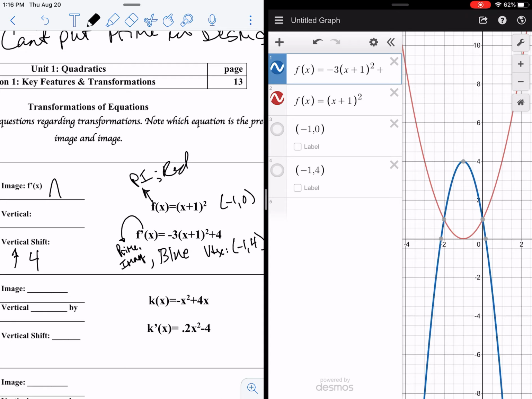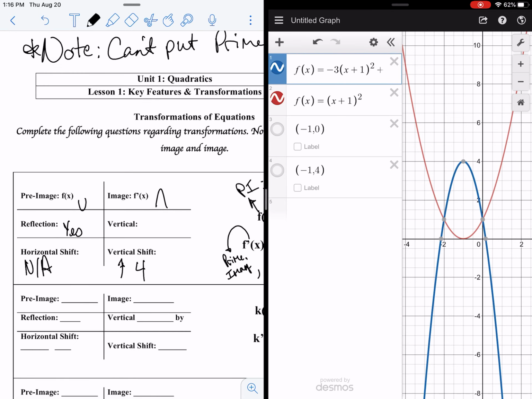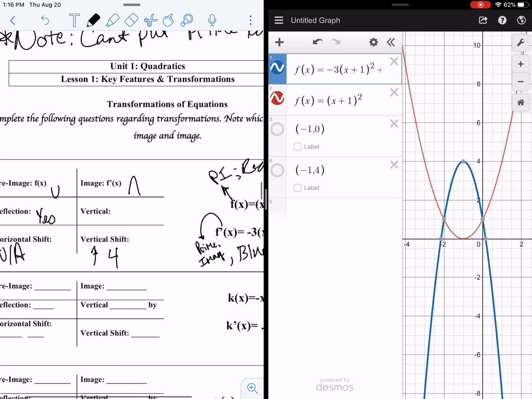I'm going to say the red is wide, and the blue is skinny. I'm going from red to blue, so wide to skinny. Because I went wide to skinny, I have a stretch.